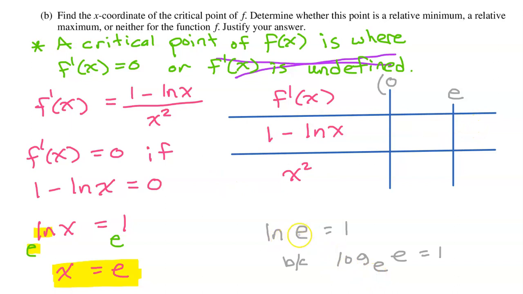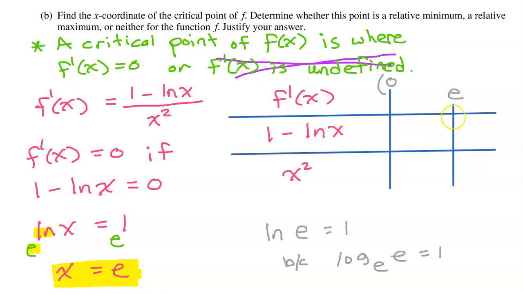Remember that natural log of e is equal to 1, because natural log e is really log base e of e, and the power that turns e into e is 1. So natural log e is 1. So when x is e, then I have 1 minus natural log e. That's 1 minus 1, that's 0. So right here at e, we have a value of 0.